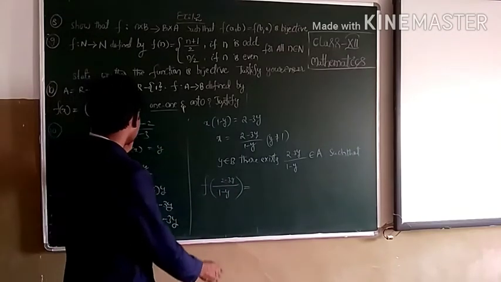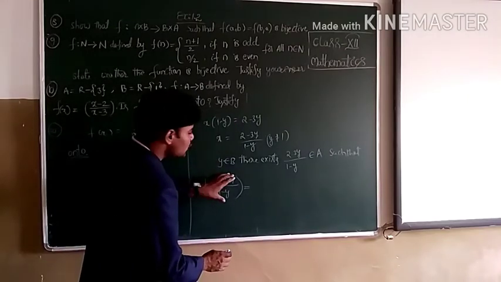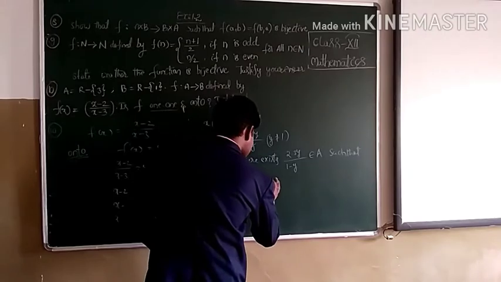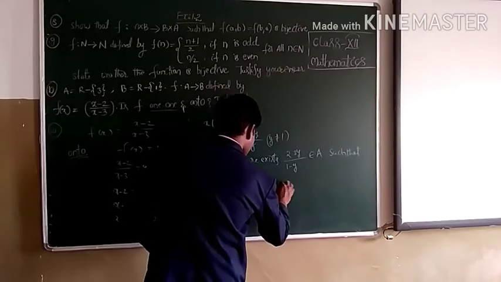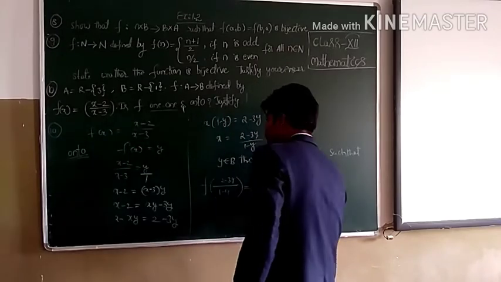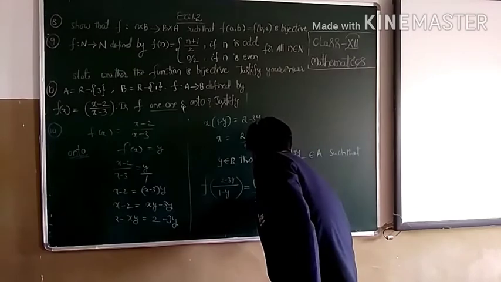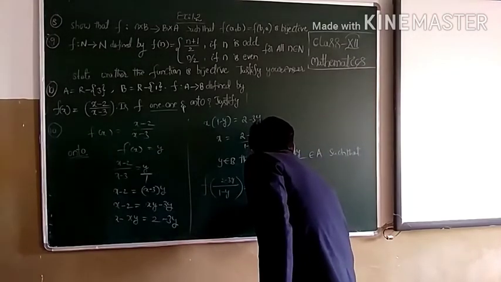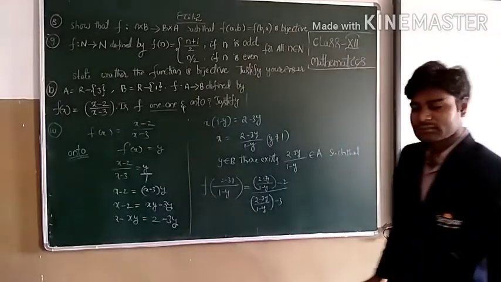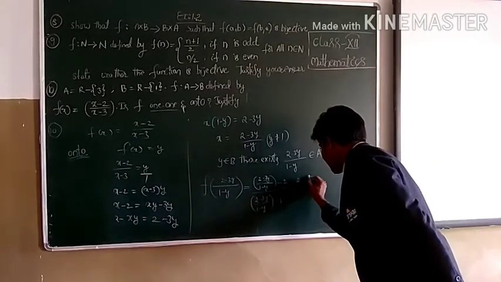So one check, x minus 2 means this value is in place of x you need to substitute 2 minus 3y by 1 minus y minus 2 whole by x value is 2 minus 3y by 1 minus y whole by minus 3.